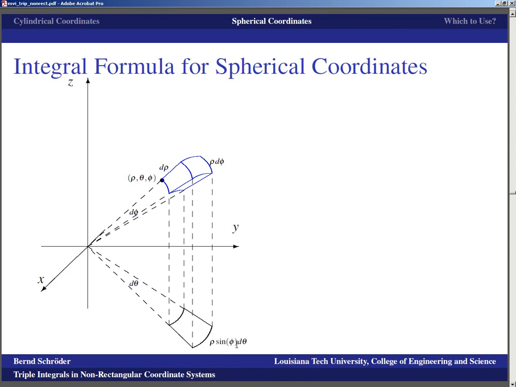If you want to work that out by hand one more time, what would you do? You would have that phi comes off the z-axis, which means phi is also the angle between the vertical and the connecting line here.